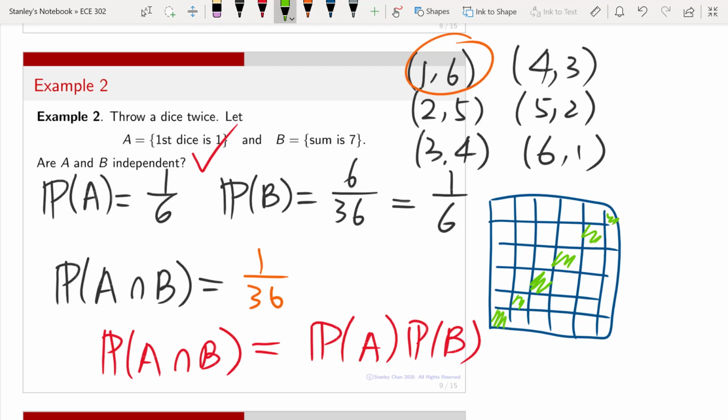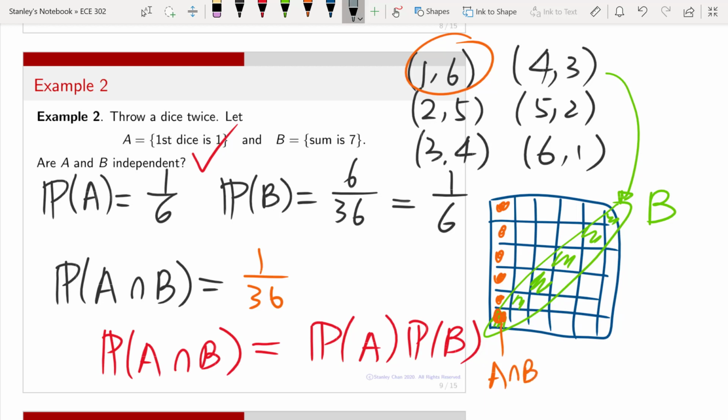So these are all the possible cases that you can get from this event B. Now you are getting the event A. This event A is here. It also includes all the cases here, because the first dice is all 1, and then the second dice I don't need to consider, so that's event A. And then here, this dot would be the intersection of A and B.